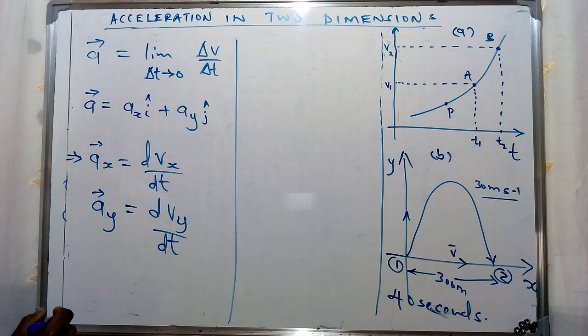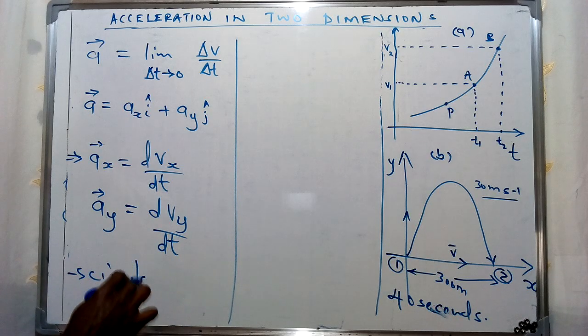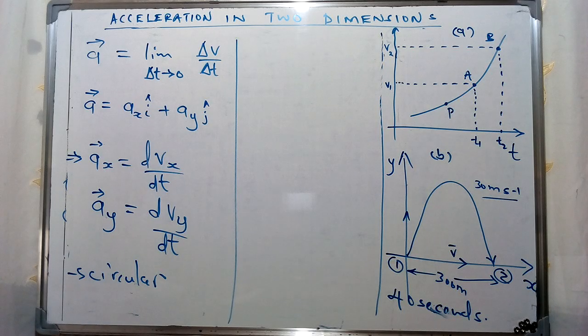Now, from our previous discussion, we mentioned the concept of circular motion, and we're going to consider this aspect of circular motion to describe velocity in terms of the x and the y components.